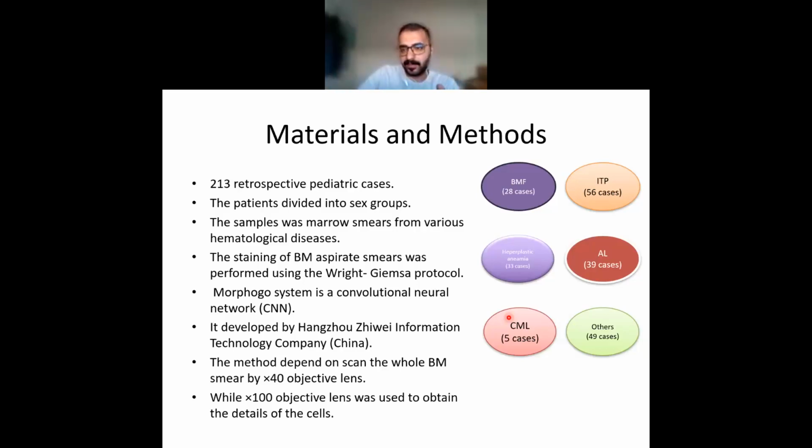This is the confusion matrix you see in the paper between manual microscopy and Morphogo in detecting the types of the cells. In our presentation, I was interested in differentiating between the disease types. So that's the reason.